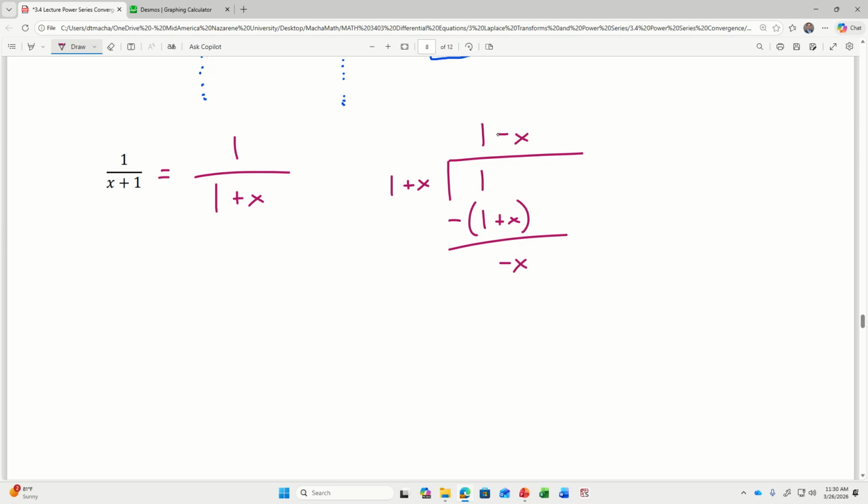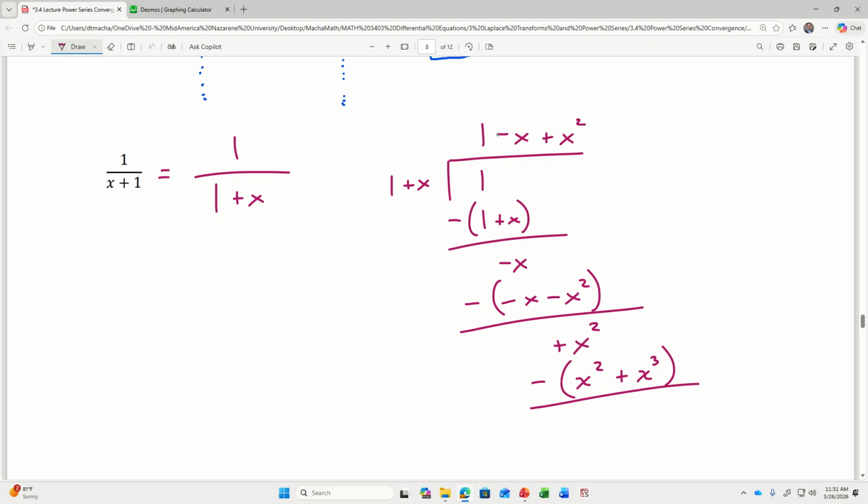So when I multiply negative x times 1 plus x, I'm going to get negative x minus x squared. The negative x's cancel and I get plus x squared. And then I ask myself, how many times does 1 go into plus x squared? Plus x squared, yeah. So I multiply plus x squared times 1 plus x, and I get x squared plus x cubed.